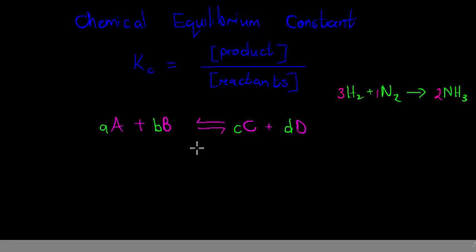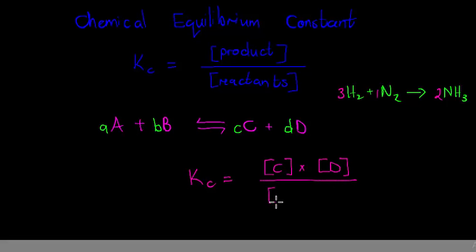Now, with these coefficients, my Kc value will look at the concentration of the products. So we'll take the concentration of C times the concentration of D. This is very important, so make sure you focus at this point.